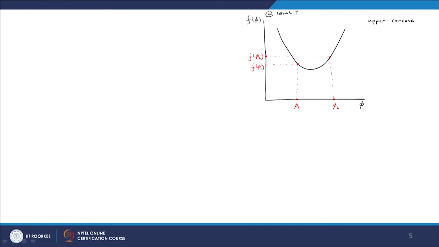If I connect these 2 points on the graph and look at any intermediate point on this particular line, this corresponds to x multiplied by f of phi 1 plus 1 minus x multiplied by f of phi 2, and this we can justify in the following way.